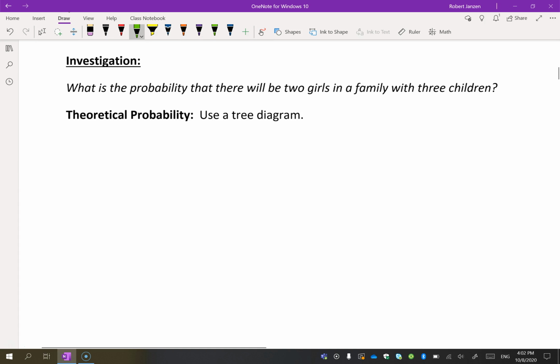Okay, what is the probability that there will be 2 girls in a family with 3 children? Use a tree diagram. Okay, so first child, second child, third child. So the first child could be a boy or a girl. Second child could be a boy or a girl.